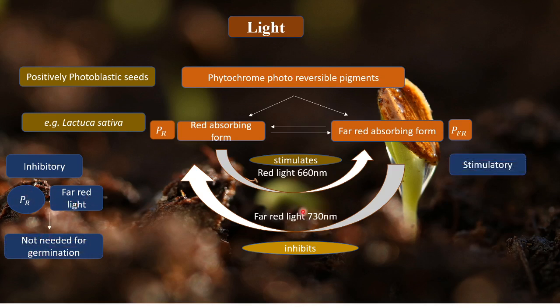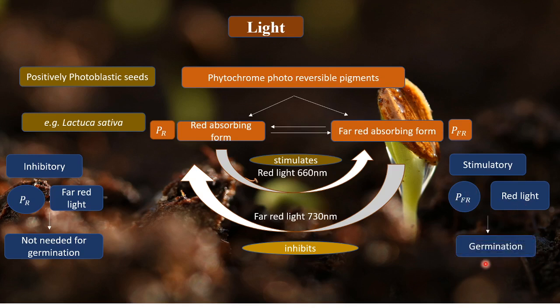And what will stimulate germination is the pigment PFR and the light, which is red light. So PR will absorb red light. Red light will stimulate germination because it will get converted to PFR. PFR is important for seed germination. So these two are stimulatory. PFR is stimulatory and red light is stimulatory, right?